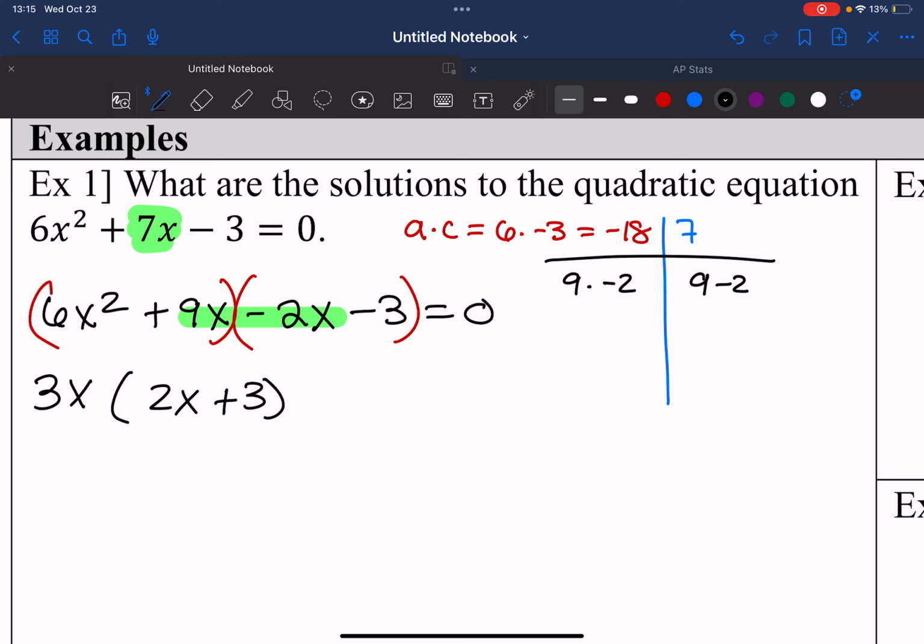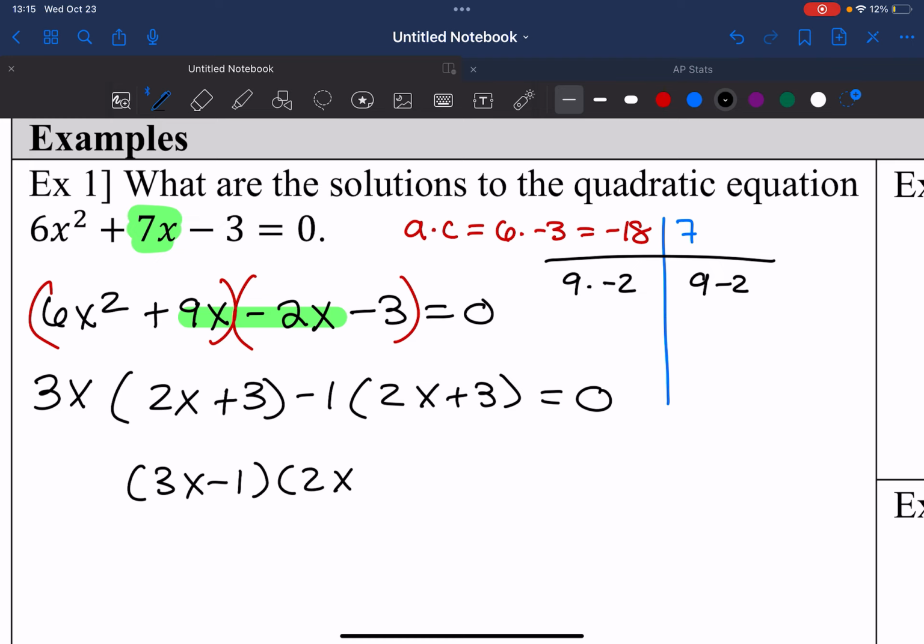And I want my parentheses to match, and the only difference right now is those negatives. So I'm going to take out a negative 1 from each, and I'm left with 2x plus 3 equals 0. That means my two parentheses are 3x minus 1 and 2x plus 3 equals 0.